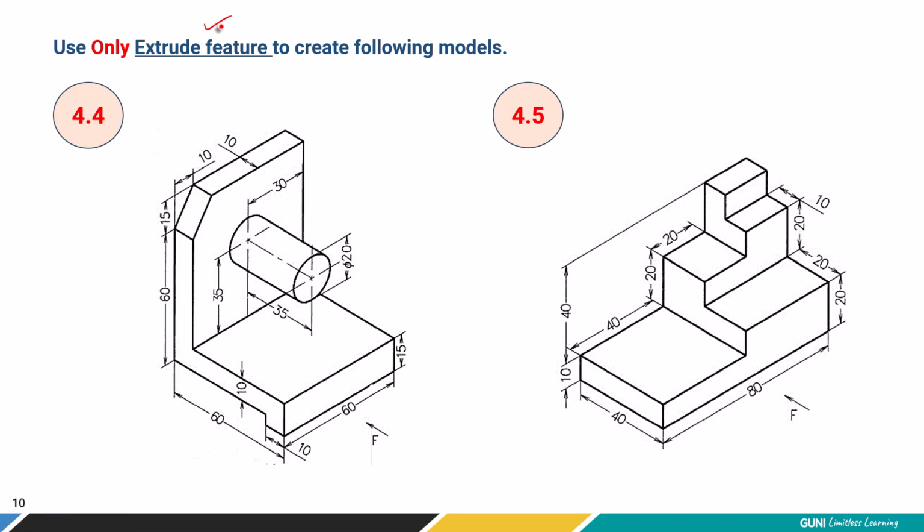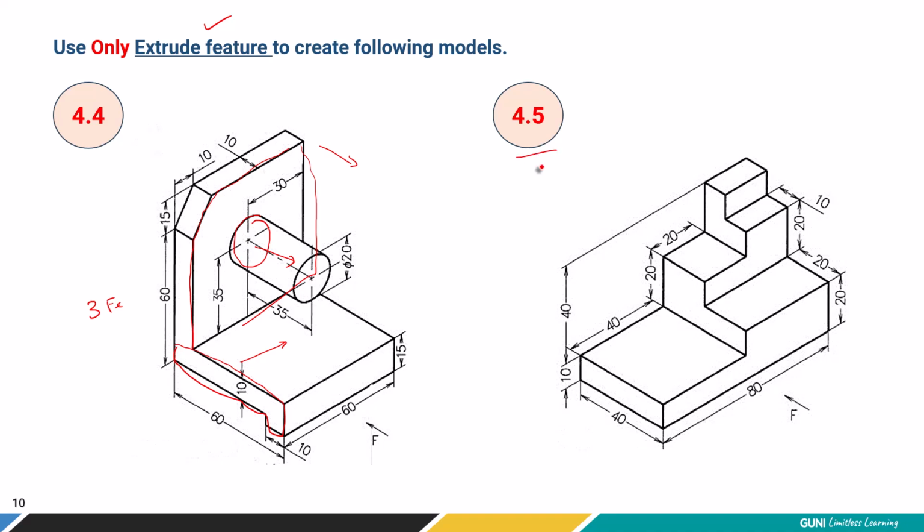These exercises are required to be completed using only extrude features. So in 4.4 we can create a shape like this and extrude it. And from the back side we can create this sketch like this and extrude in this direction, and then we can add the circle and extrude over here. So in 3 features we can complete this.